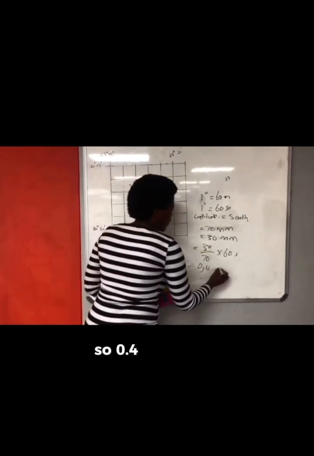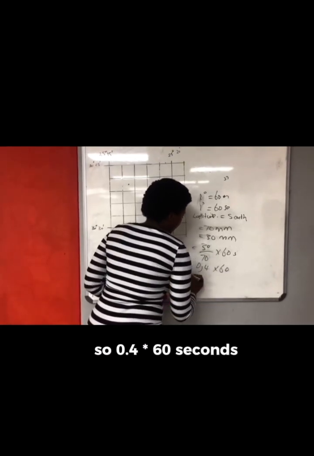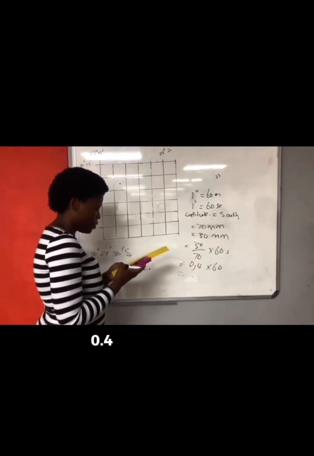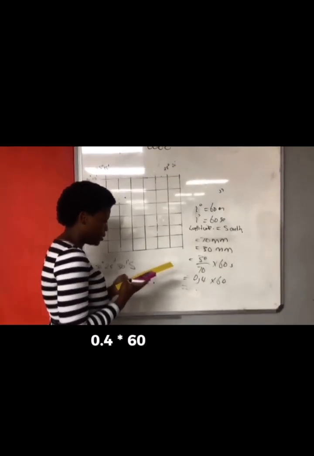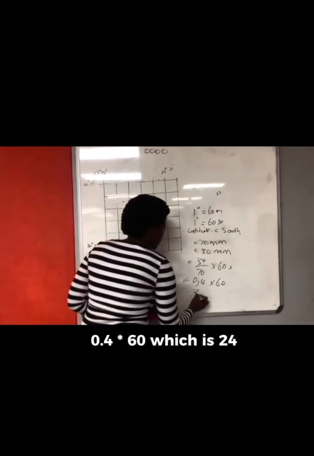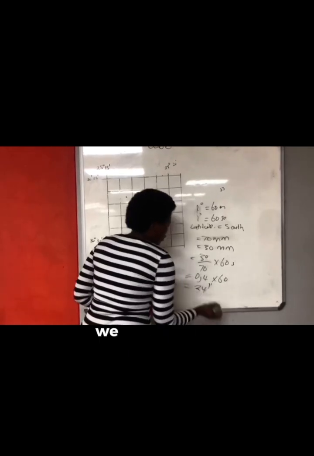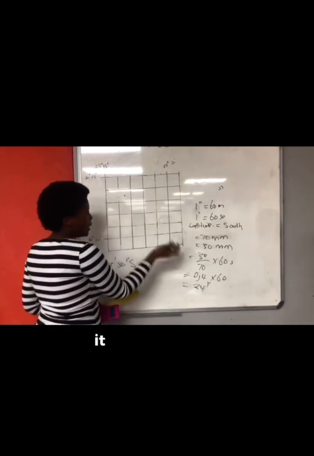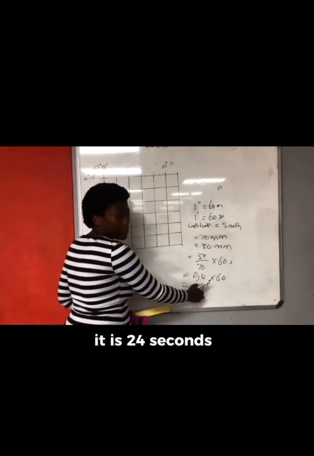So 0.4 times 60 seconds. 0.4 times 60 is 24 seconds. We know that the seconds from here, latitudinally, are 24 seconds.